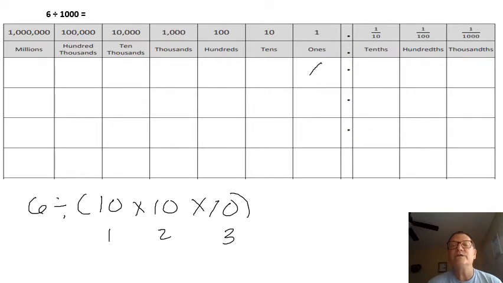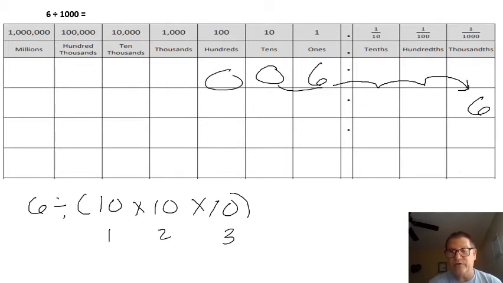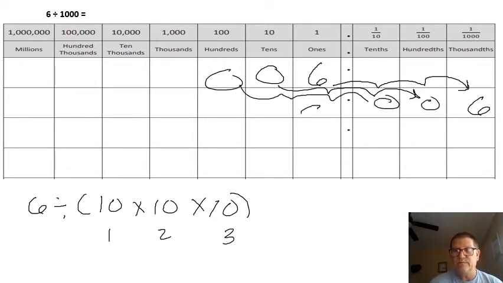So let's put our 6 in our ones spot, and we're going to shift it 1, 2, 3 positions. We know we have to put placeholders in here, because in all actuality we have zeros here, which we just normally do not show. But they move 3 place values.